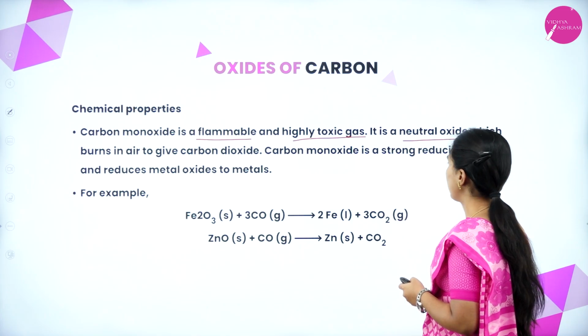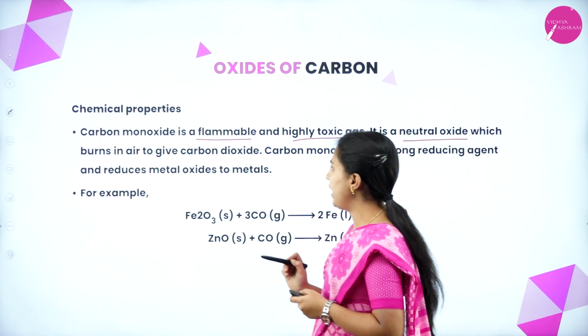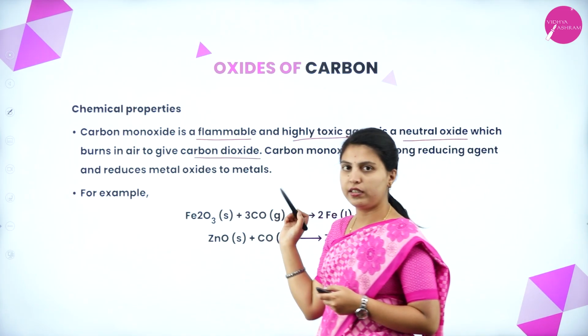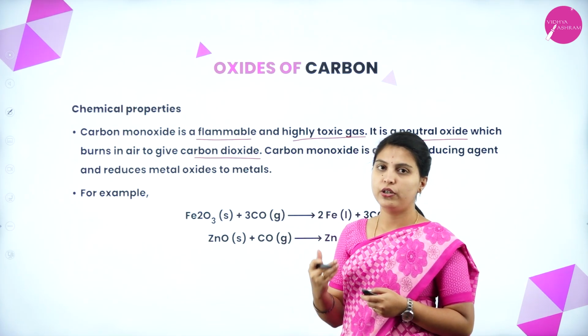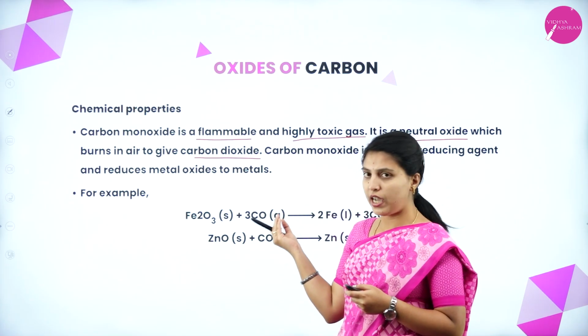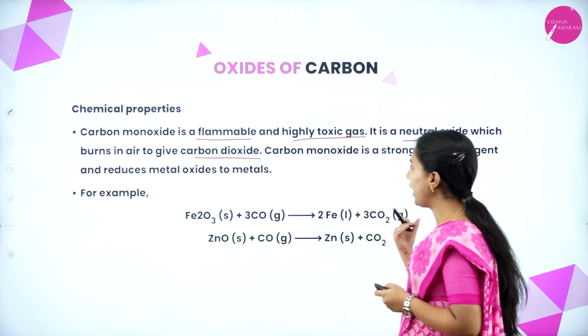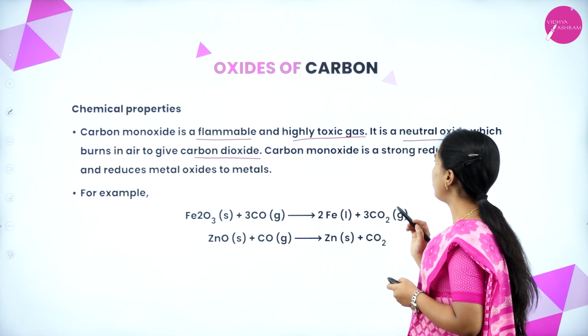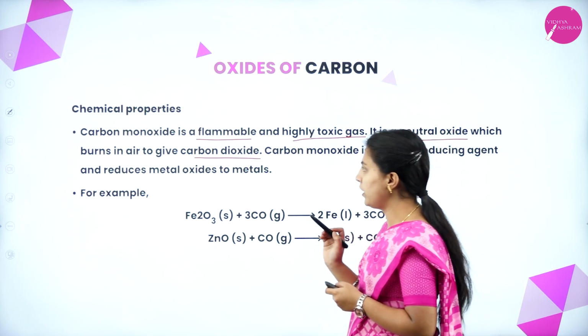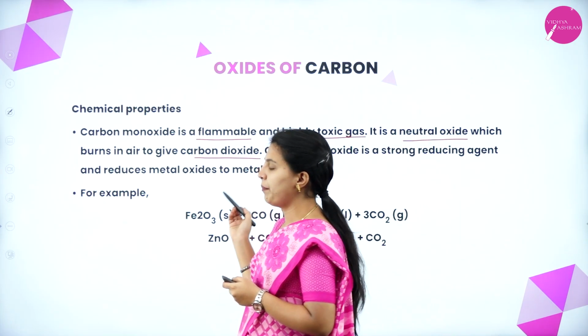It is a neutral oxide which burns in air to give carbon dioxide. Further oxidation will take place to form carbon dioxide, and carbon monoxide is a flammable and highly toxic gas. Carbon monoxide is a strong reducing agent and reduces metal oxides to metal.